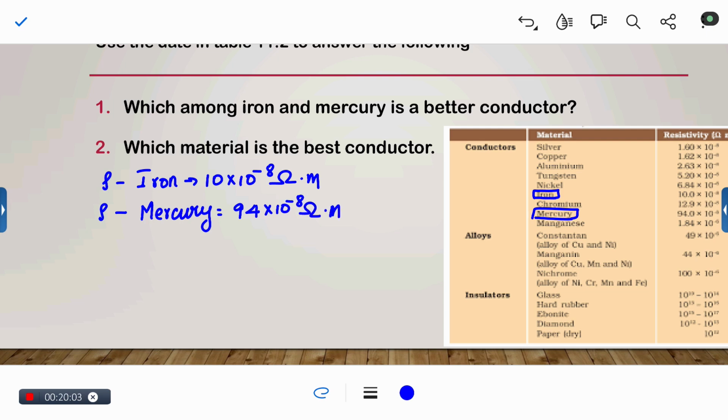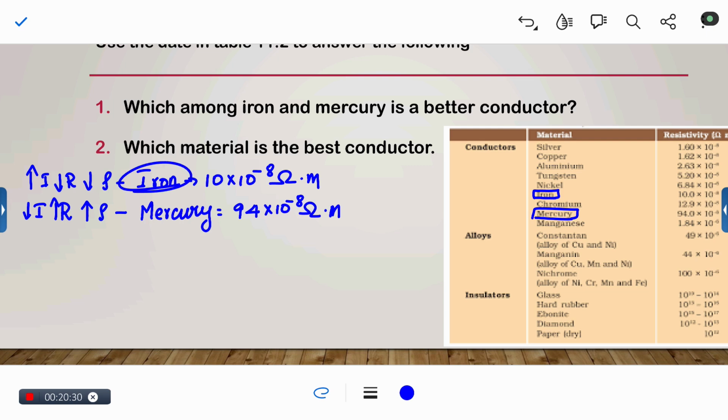So in these two values, which one has more resistivity, iron or mercury? Mercury. So here the resistivity is high. If resistivity is high, resistance also will be high and current flow will be low. Here the resistivity is less, so resistance will be less and current flow will be high. That means in these two, which is the best conductor? Iron is the better conductor.